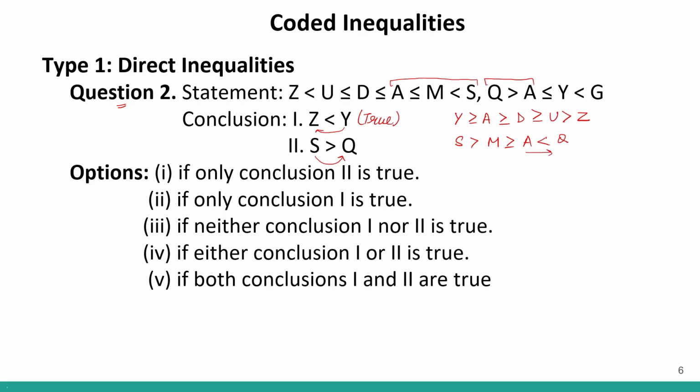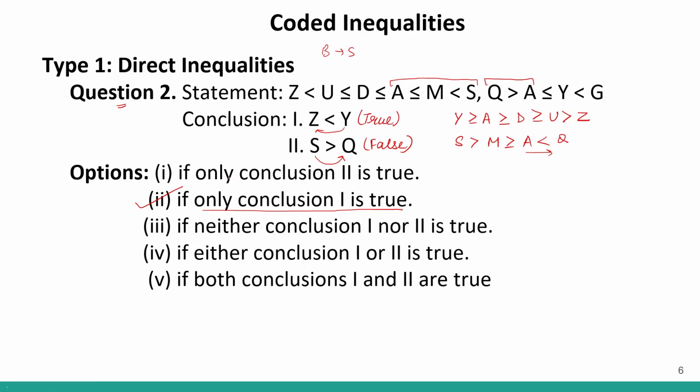No, because here we have a smaller door and we move from bigger door to smaller door, correct? So here I cannot proceed further, therefore this conclusion will be false. So my answer will be that only conclusion 1 is true. This is given in option number 2. Therefore, option number 2 will be the answer. Now pay attention.